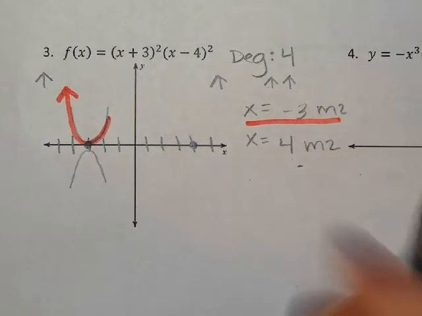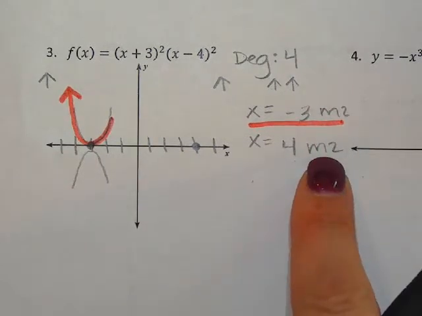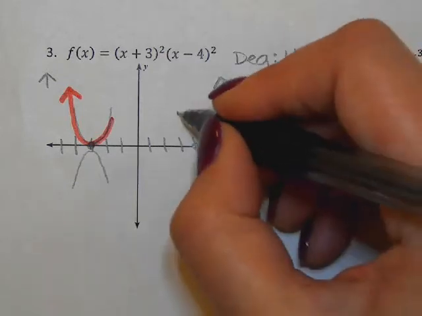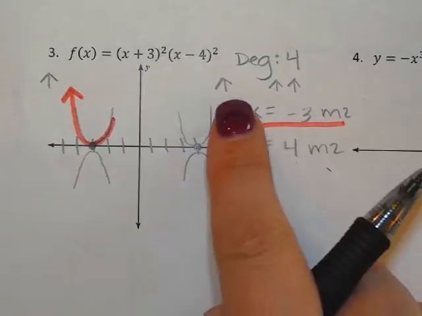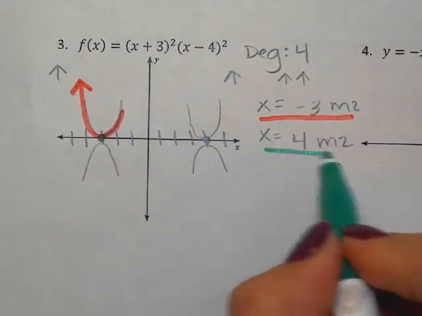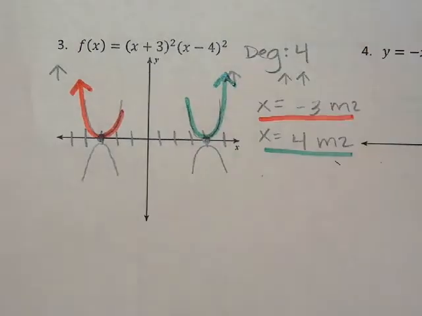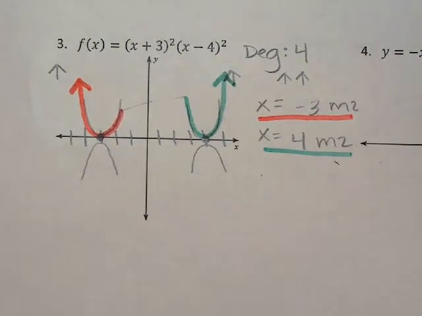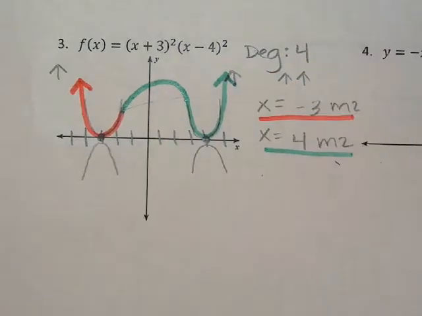And then for an x-intercept of 4, we have a multiplicity of 2, so that's a parabola. We can have a parabola above or below. Above makes more sense to connect to the arrow. And then in between, I just connect these, right? Straight line. No, that looks weird. Smooth curve. Ta-da.